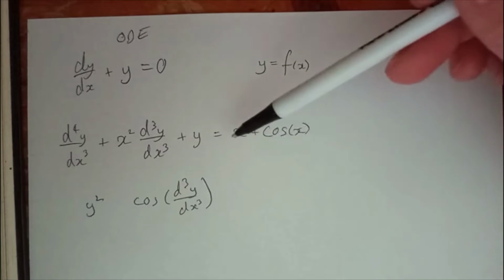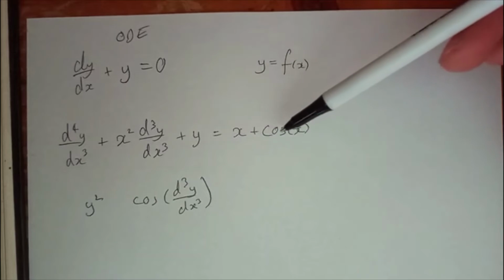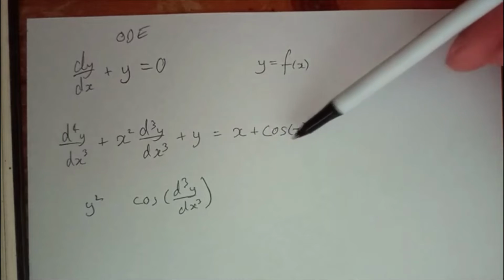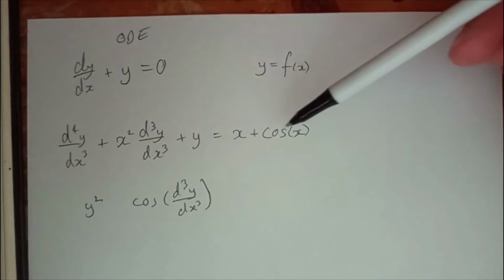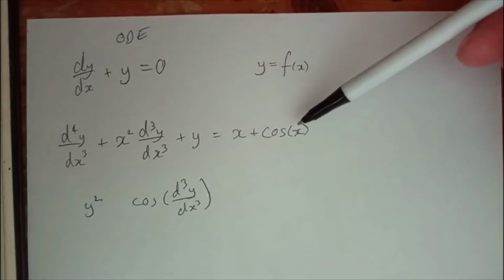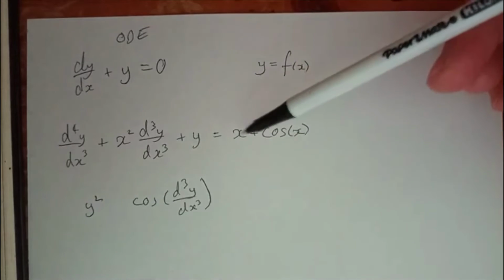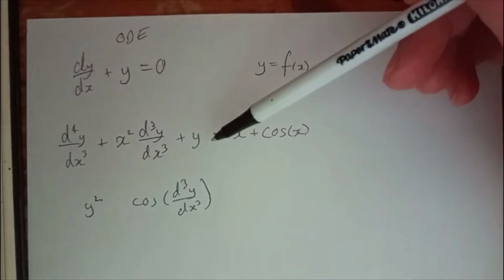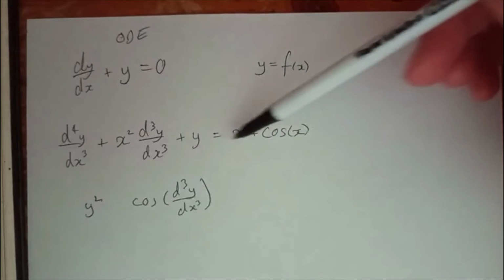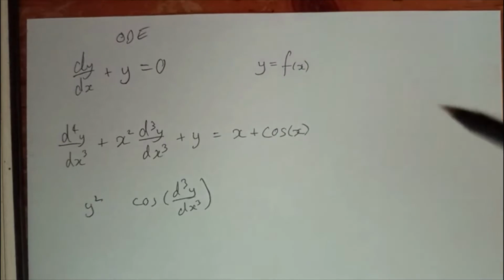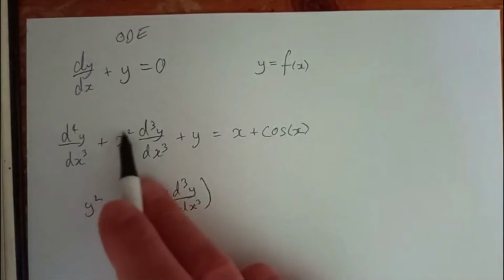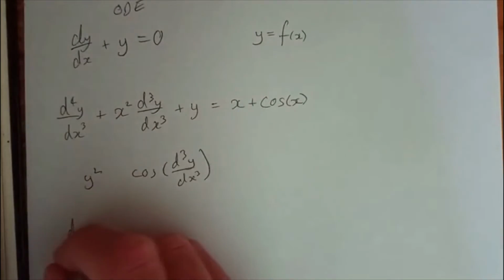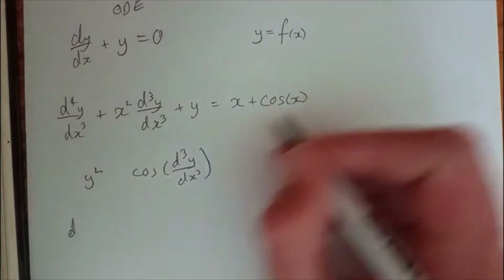So if it contains some other terms which are just the independent variable, or functions of the independent variable, or constants, these make it non-homogeneous, because it contains not just y and derivatives of y, but also some other terms. So we could have that equation without this term, and then it would be homogeneous.